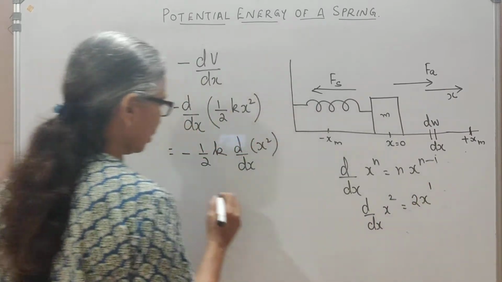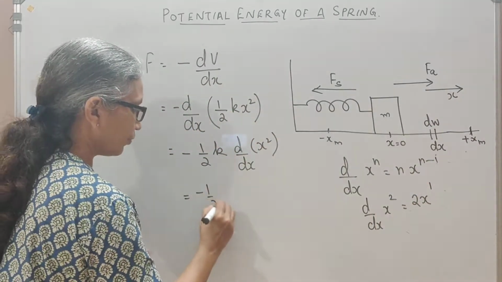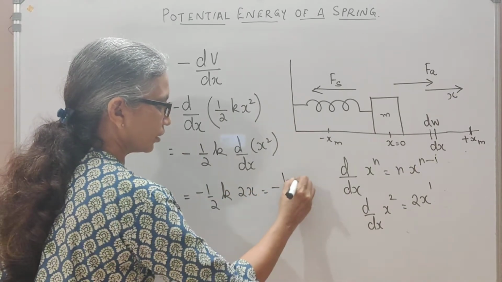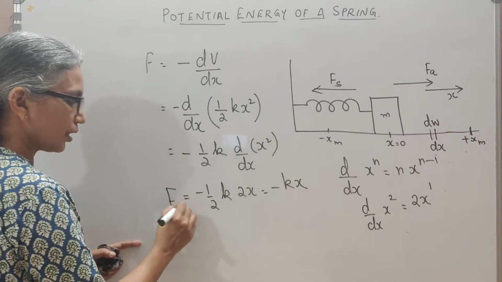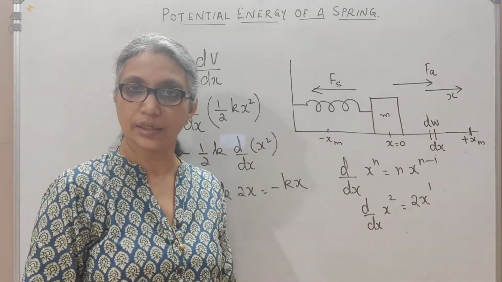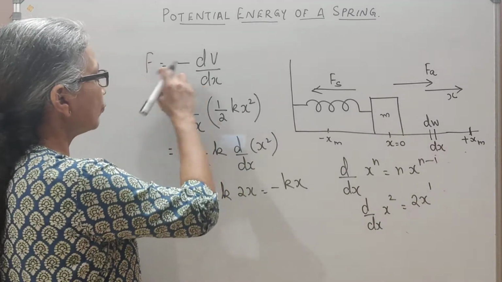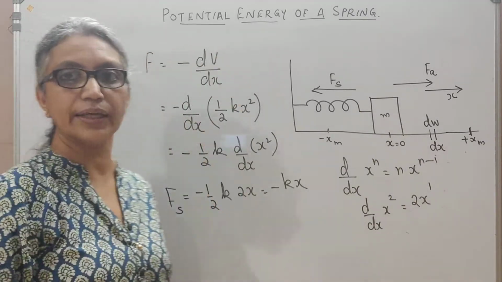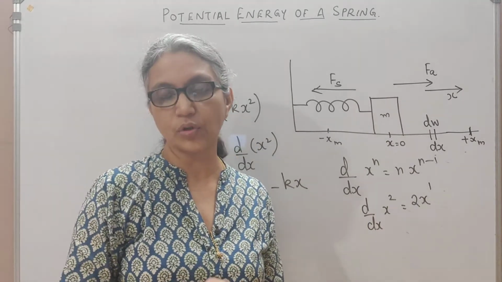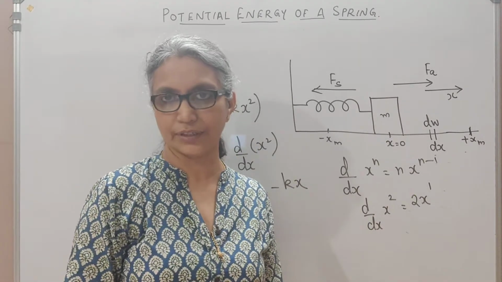So this is minus half k into 2x, which is minus kx. So we got this as the spring force, right? We know that Fs is minus kx. So we have shown that the spring force can be expressed as the negative of the derivative of potential, in which case we know that this spring force is a conservative force.